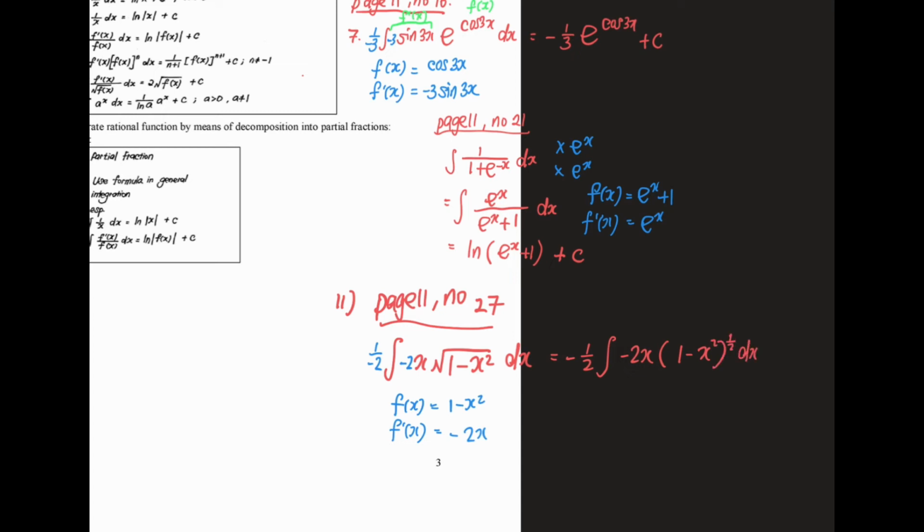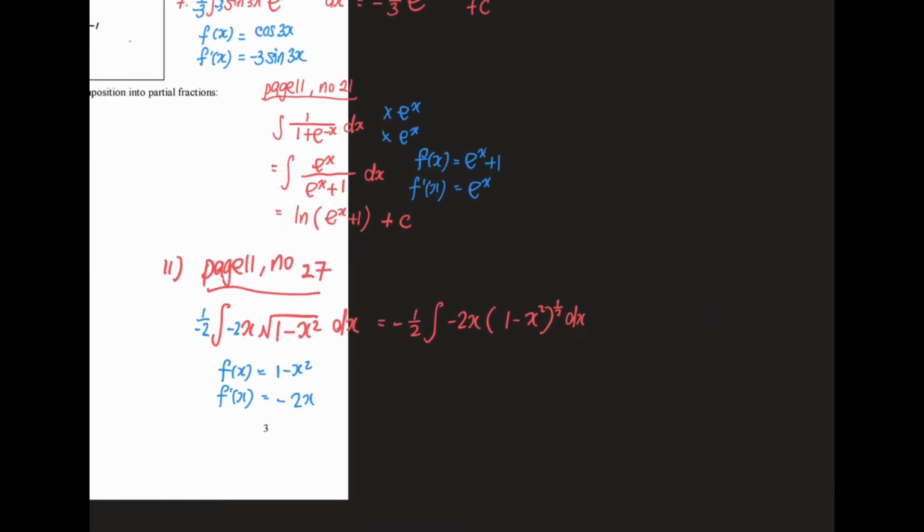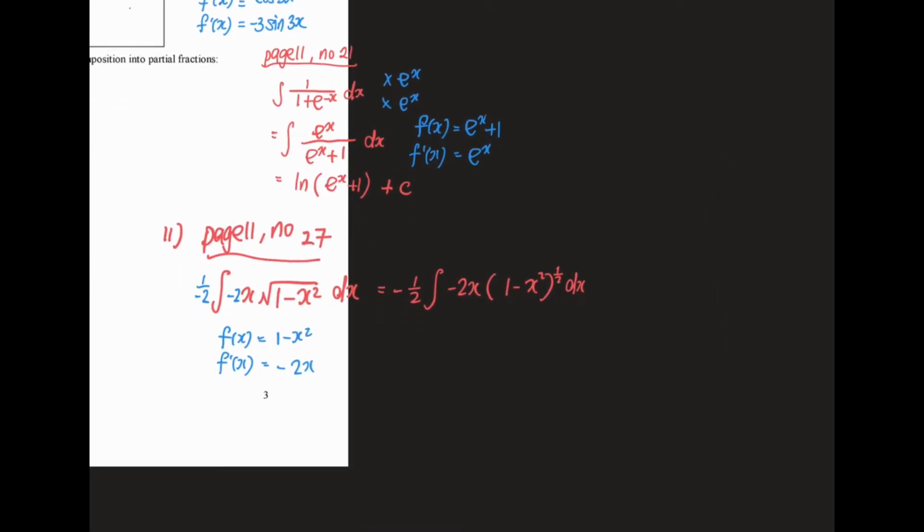Now what I have here is f prime of x times f(x) to the power of n. Based on the formula, it will become f(x) to the power of n plus 1 divided by n plus 1.